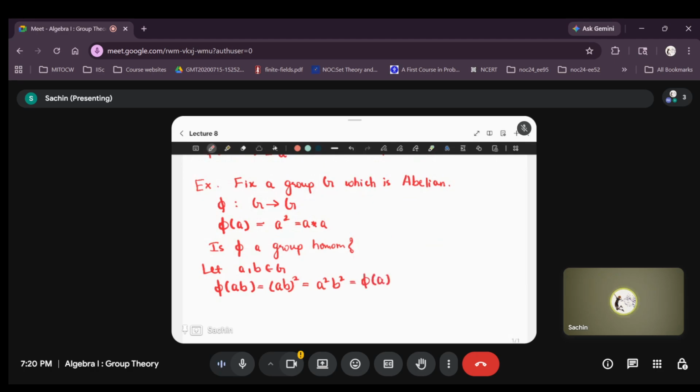So then it will be phi of A, phi of B. So it is only true when G is abelian. If G is not an abelian group, we don't know whether it is. Actually, AB whole square equal to A square B square is a necessary and sufficient condition for the group to be abelian. We saw that in one of the problems. So this is only true in an abelian group. If it is not an abelian group, then phi is not a homomorphism from G to G.